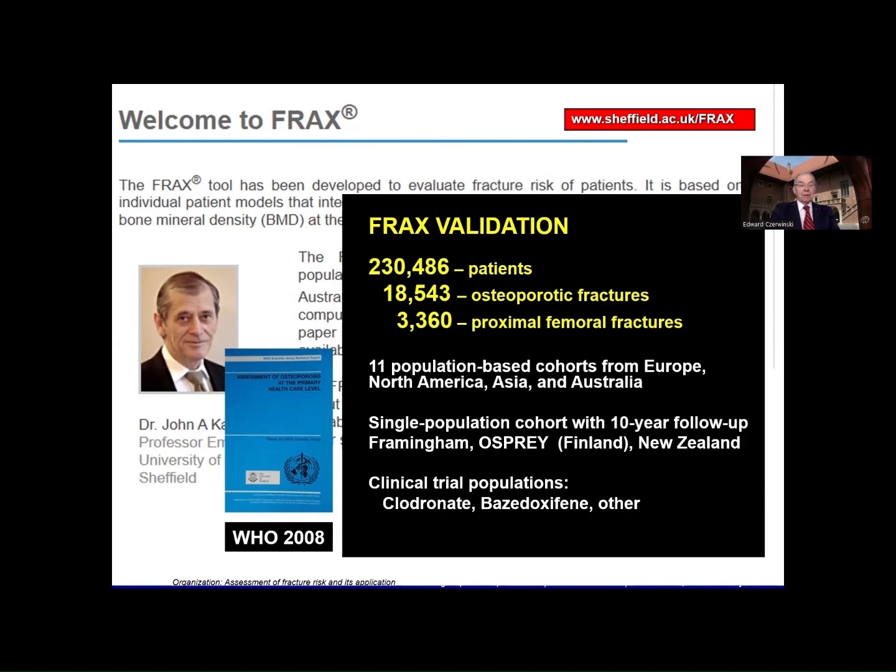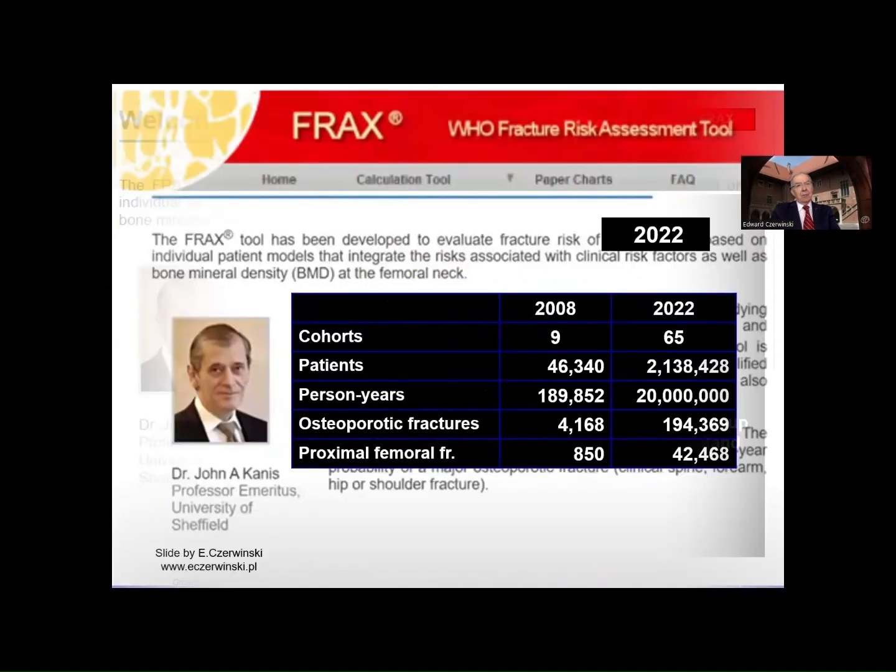And we knew, of course, the various factors, so we could establish the worth of every risk factor. This FRAX was updated in 2022, and look, the cohort was 65 cohorts, 2 million patients, 20 million person-years, and 42,000 proximal femur fractures.